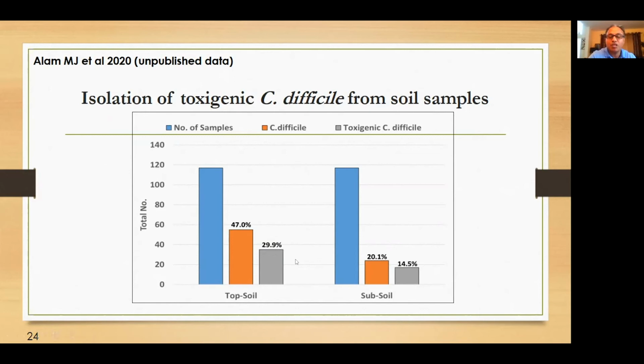And then in the bottom soil, we got 14% samples positive for toxigenic C. difficile. It means soils are also grossly contaminated with C. difficile spore. So we can get infection, or we can be colonized, from soil sources also.